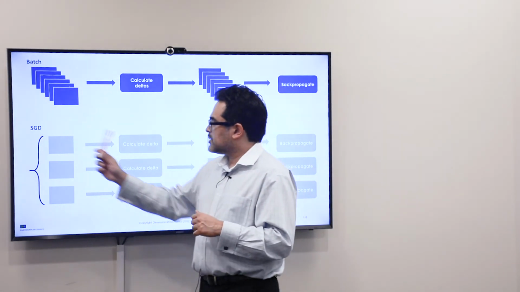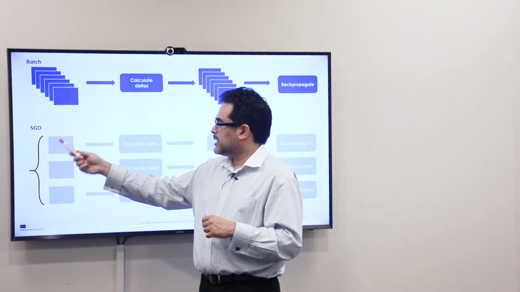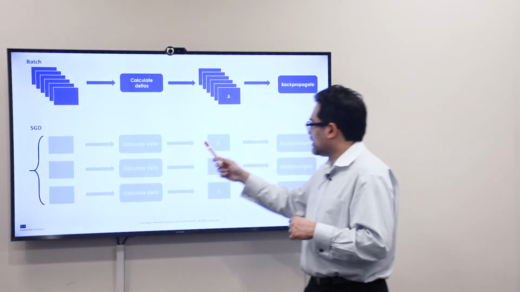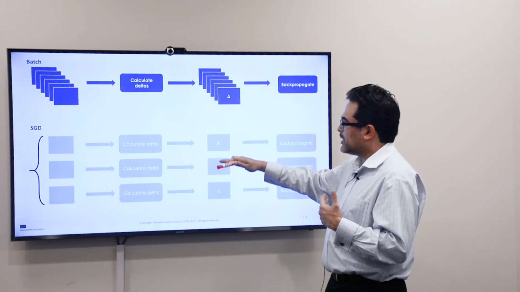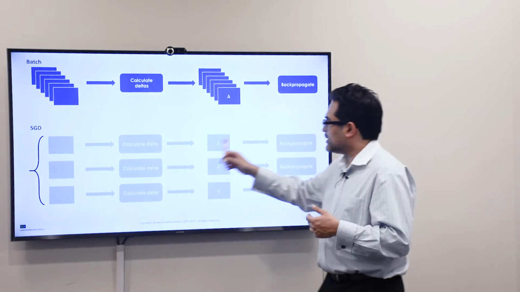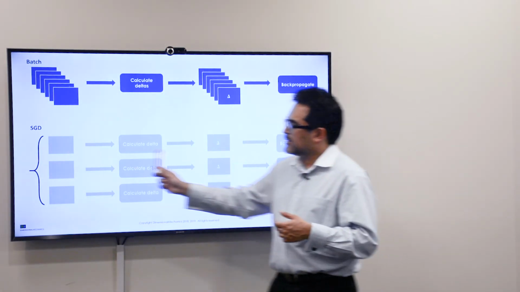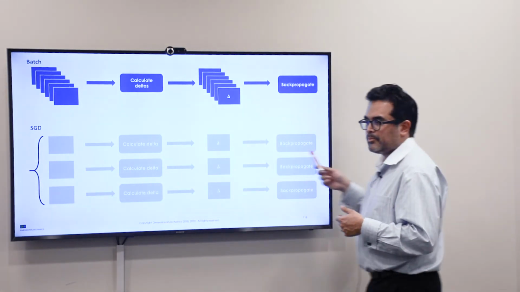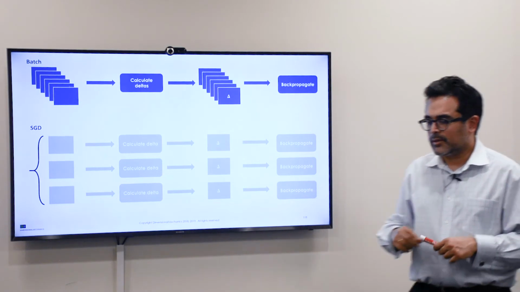Stochastic gradient descent is where you put in one data item at a time: you submit row 1, determine the gradient, back propagate, then go to the next one, back propagate, and so on and so on.